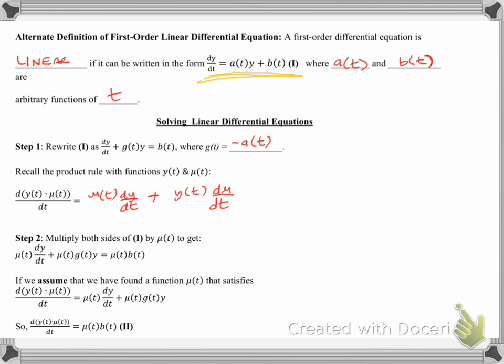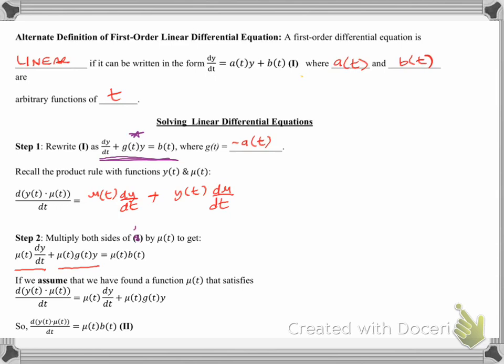Step 2 is to multiply both sides of 1 by mu of t. Going back to 1, we're actually looking at this one, so let's call this star.